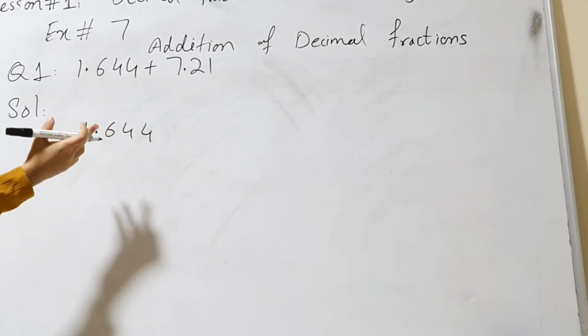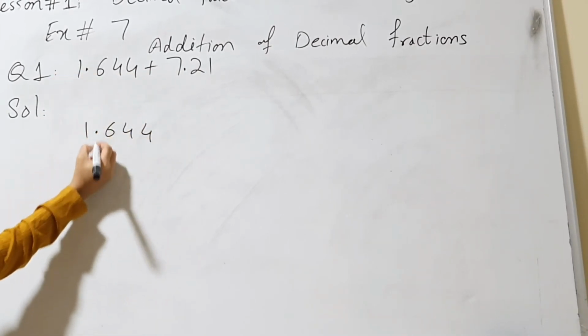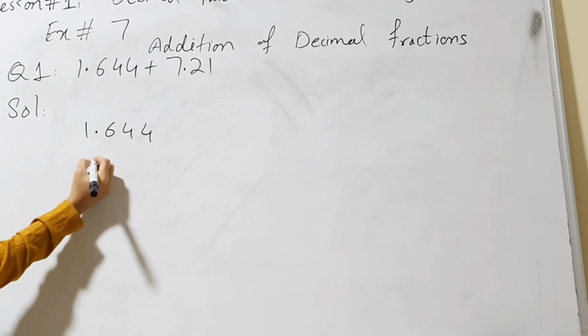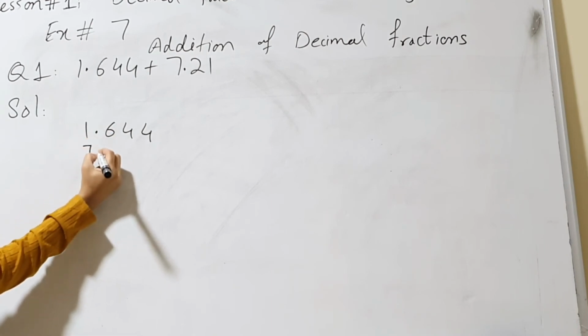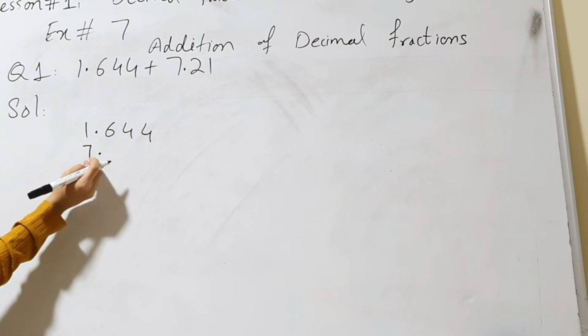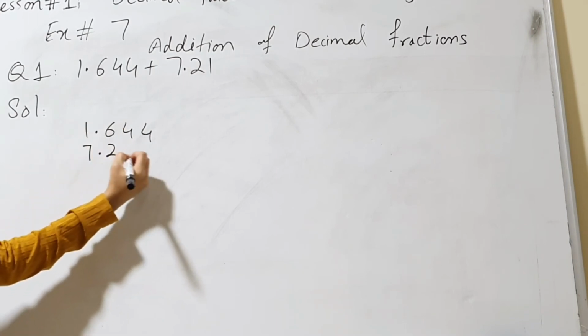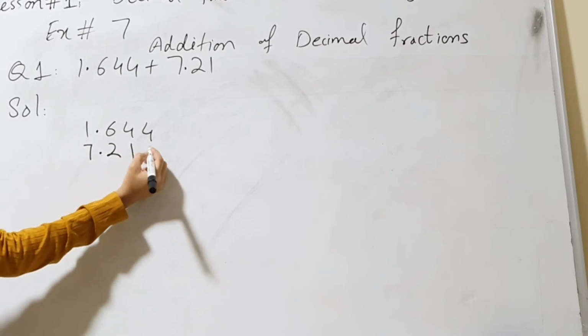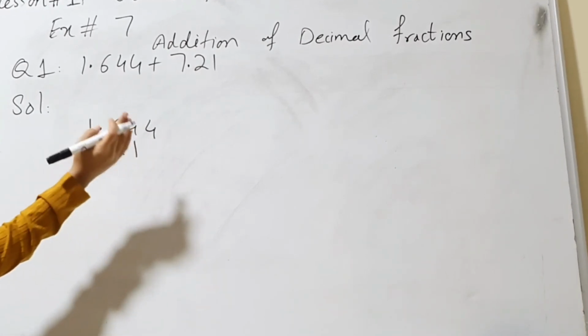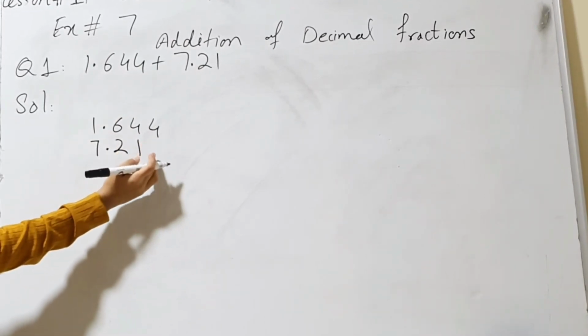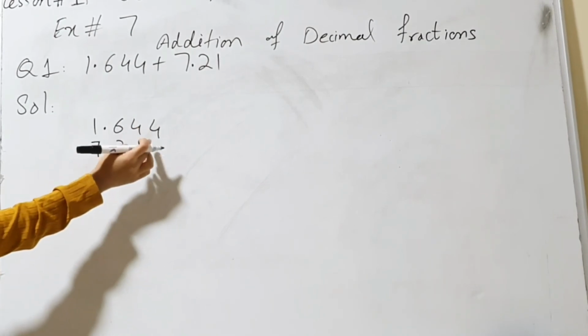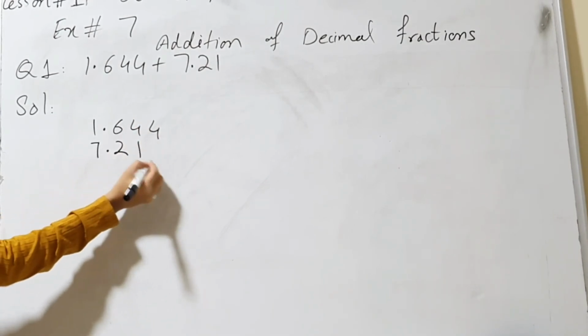Now what you have to do, you have to keep the decimal point aligned. 7 and point, the second term point should be under the first point. 2, 1. This place will remain empty because we do not have third decimal digit here in the second term.